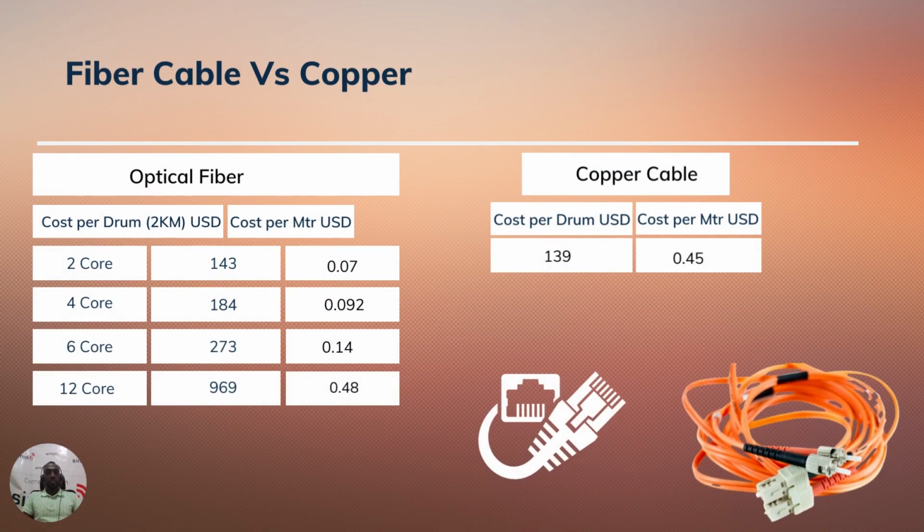Okay. Then we also want to look at the cost implications. So typically, the cost of fiber has become so low that if you get a good quality copper cable, you're likely to find that the per unit cost is going to be higher when you compare it with a fiber cable, and that is from our findings as well.